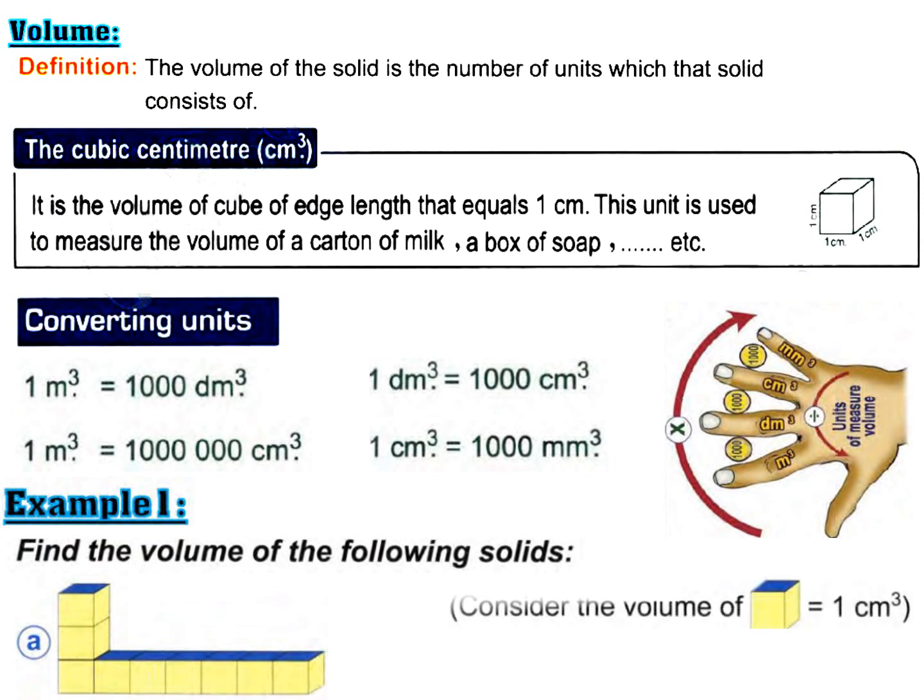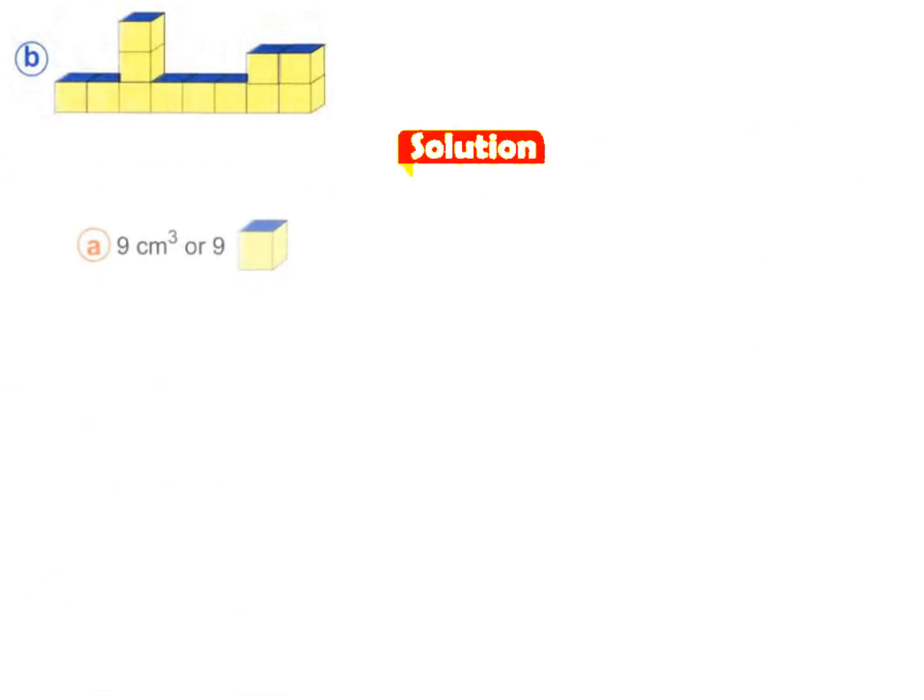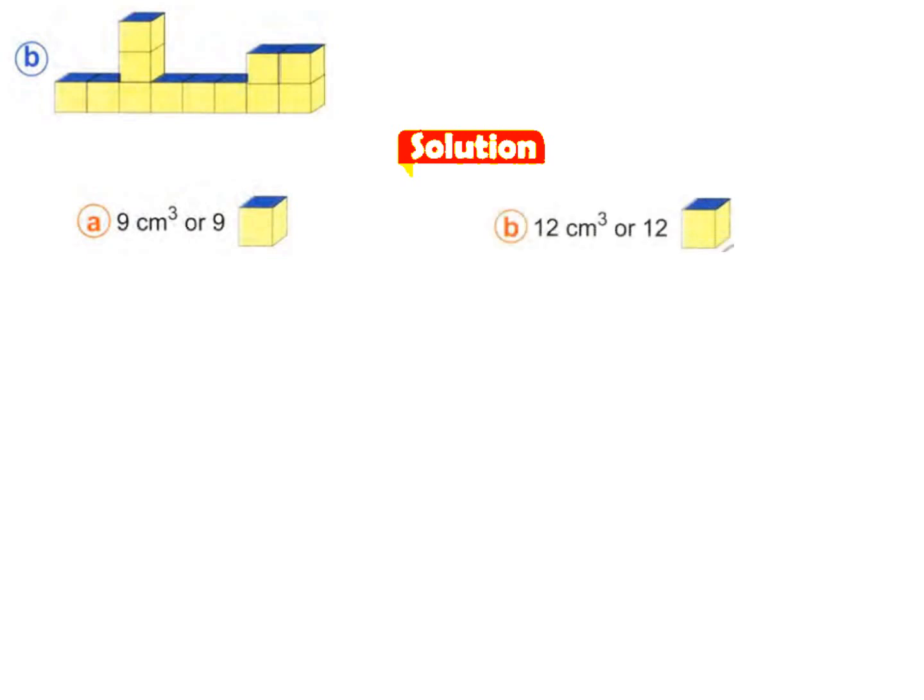So the volume of this figure is 9 units. The second figure, letter B. I have a solid consisting of some units. I must count them. If I count them, I will find they equal 12 units.